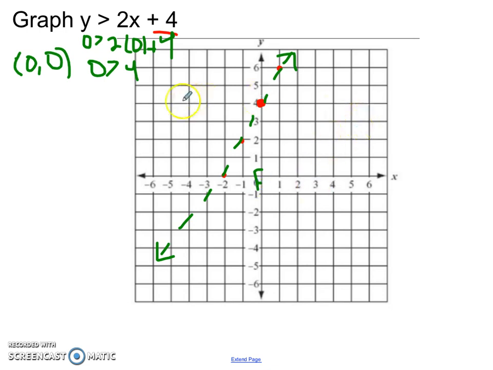Since that side returns a false, this side over here should return a true, but let's double check. Let's do something clearly on the side. We could choose a point anywhere over here, but I'm going to choose -5, 0 and test that one. 0 is my y value. So I've got -5, 0.